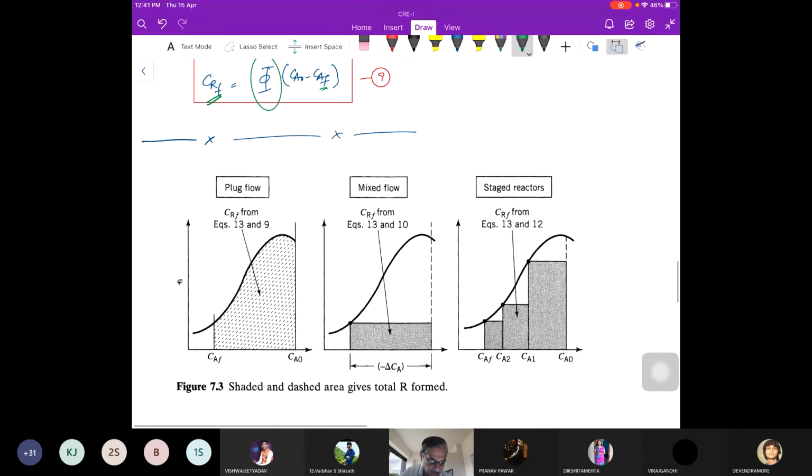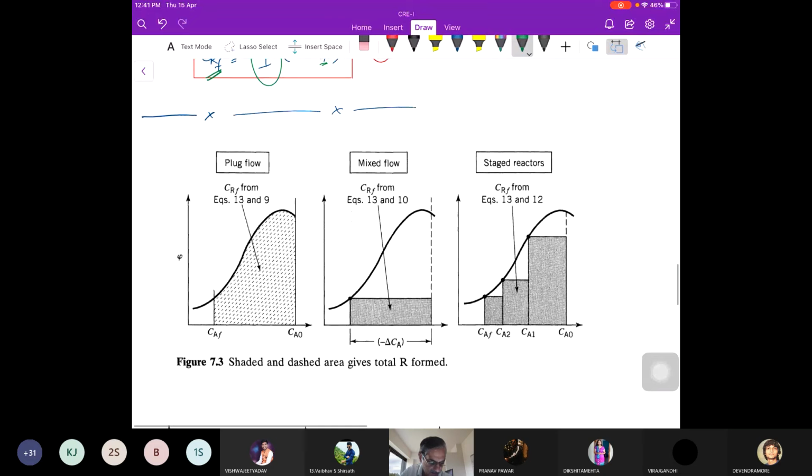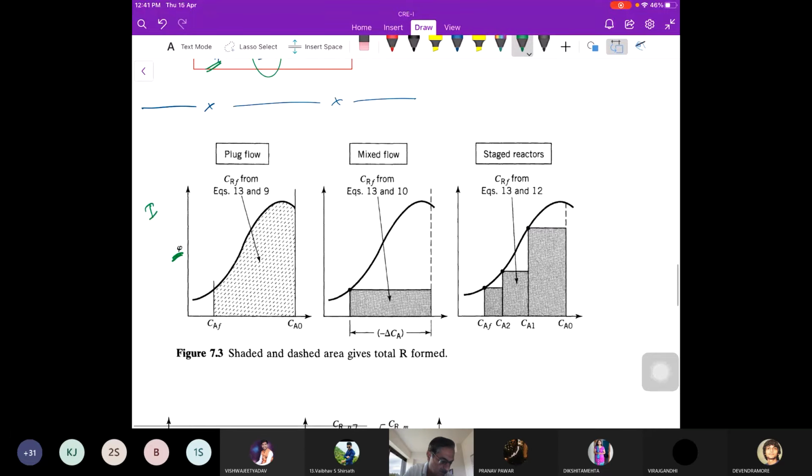Now if you look at this figure 7.3, we are plotting psi, the instantaneous fractional yield, on the y-axis, and we are plotting against the concentration of A, right?